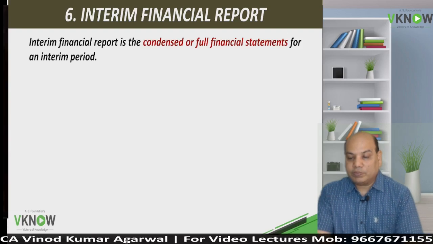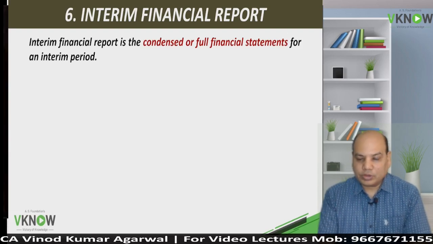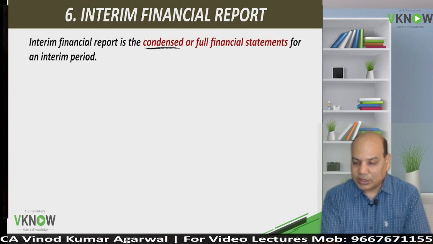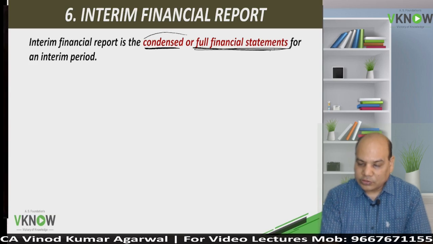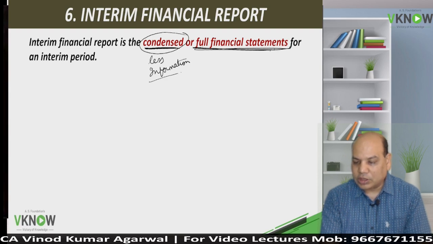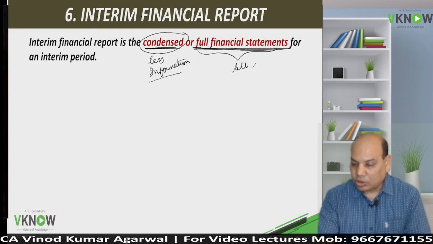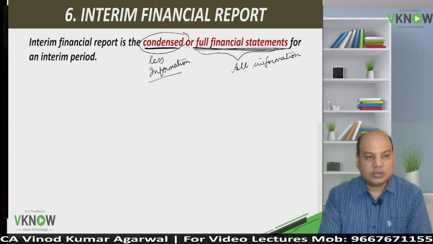Then what is an interim financial report? Interim financial report means condensed or full financial statement. Condensed means less information is provided, because most of the information is already covered in the annual report, and full financial statement means all information as required by accounting standard or Companies Act or guidance note or any other law is fully provided.